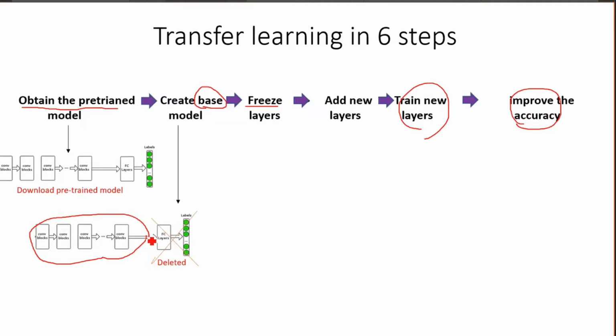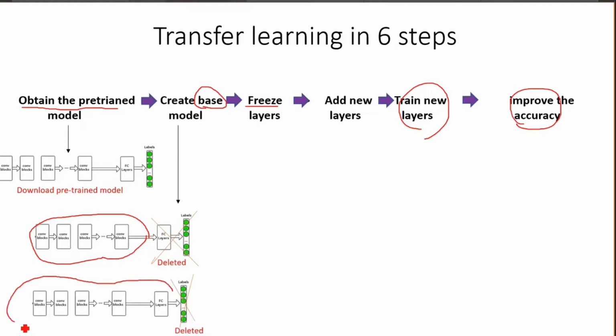Delete this one and you have left this one, which means the base model. Or you can delete only this one, and the rest remains the same and becomes the base model. So there are 2 types of base model here.